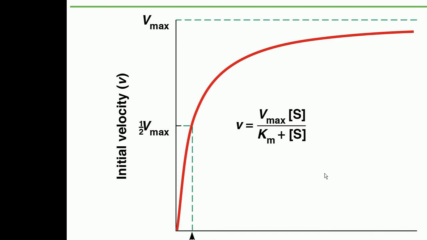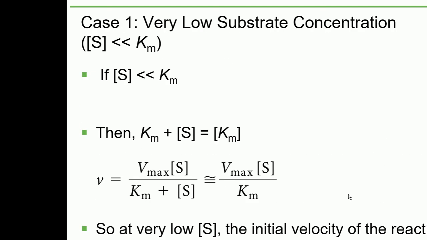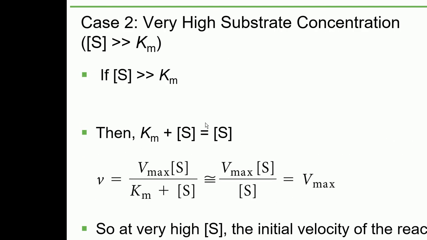Now when the substrate concentration is very high, keep thinking about this graph. When the substrate concentration is very low, as you increase the substrate concentration, the rate of reaction increases. Now, if the substrate concentration is very high, much higher than Km, then Km plus S is actually S, because now Km is very small.